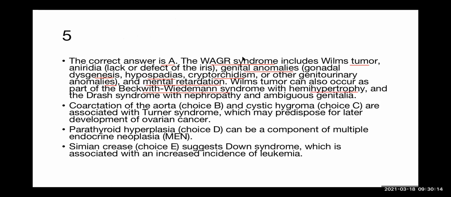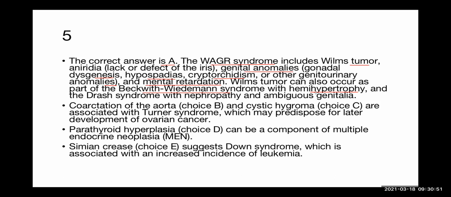Hemihypertrophy is one of that, and hypoglycemia is the other. In Beckwith-Wiedemann syndrome, babies look quite bigger than other babies. If we examine closely, there is one side of the body which is hypertrophied compared to the other, and the same baby may present with intractable and recurrent hypoglycemia.